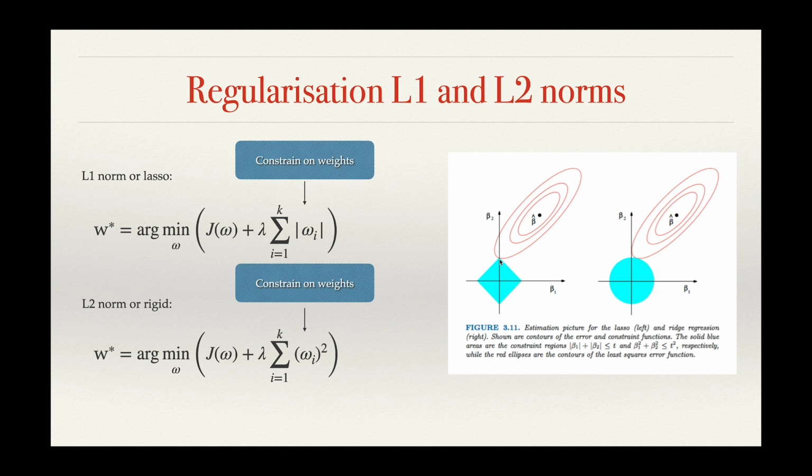So beta 1 would be equal to 1 and beta 2 equal to 0, or beta 2 equal to 1 and beta 1 equal to 0, or here beta 2 equal to minus 1 and beta 1 equals 0, or beta 1 equal to minus 1 and beta 2 equal to 0. So one of these 4 angles, or ends, or vertices of that square, has a higher chance to intersect with the cost function.